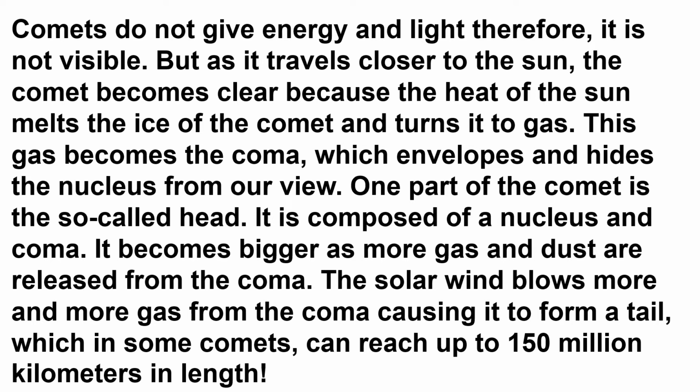One part of the comet is the so-called head. It is composed of a nucleus and coma. Now it becomes bigger as more gas and dust are released from the coma. The solar wind blows more and more gas from the coma, causing it to form a tail, which in some comets can reach up to 150 million kilometers in length.